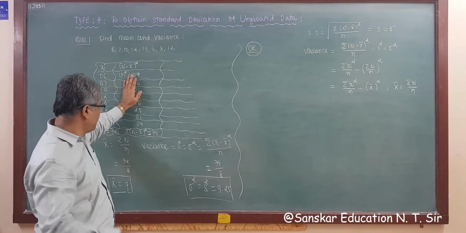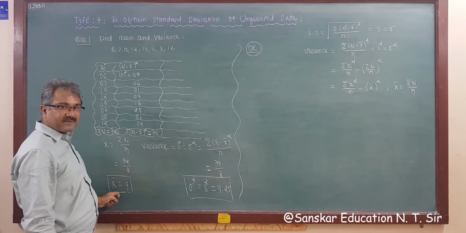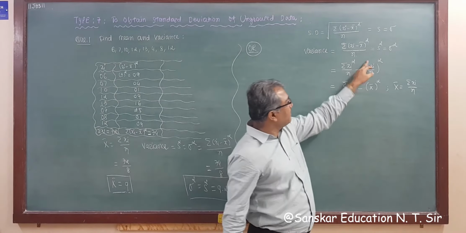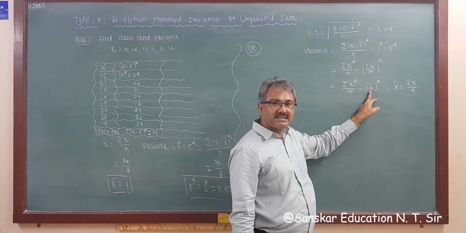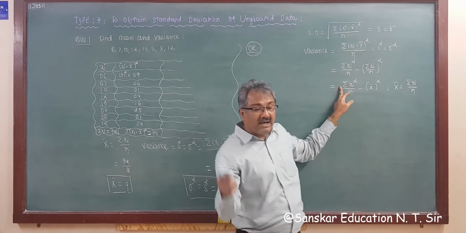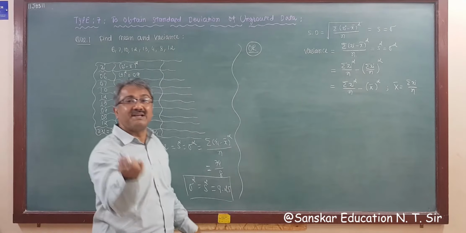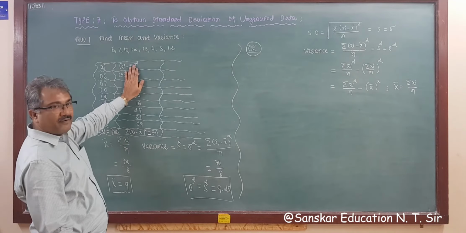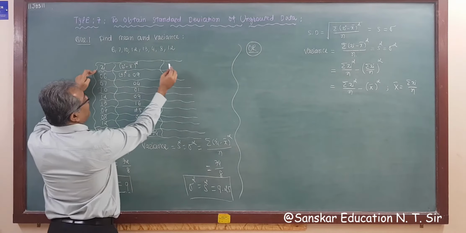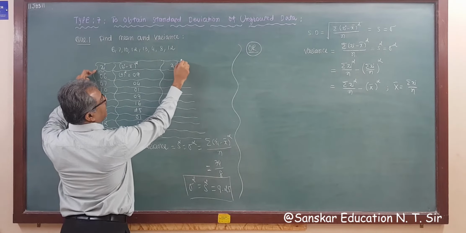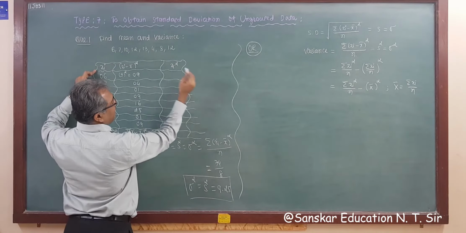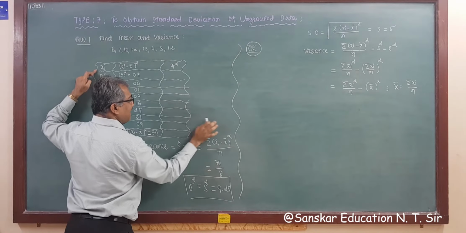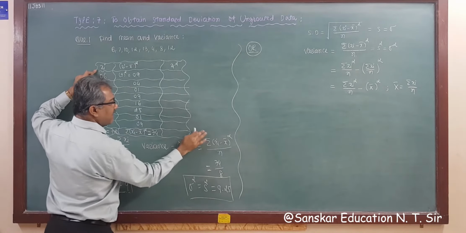What you require is sigma xi, that we get; x bar is 9. Now what you have to do? Sigma xi square means observation square. For the second method, this column is not required. Only xi and xi square are required, right?